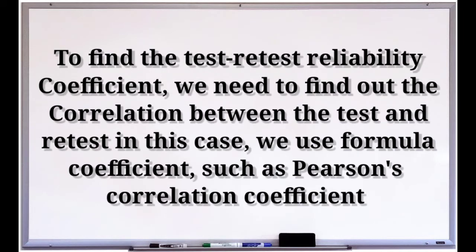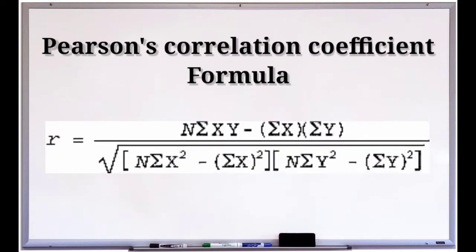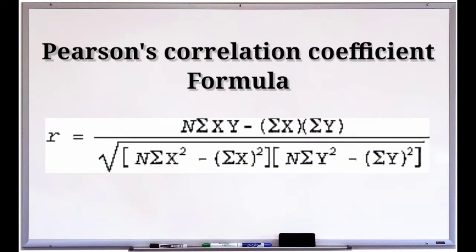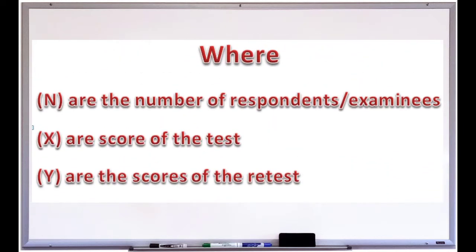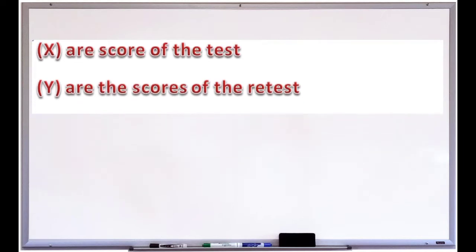To find out the test-retest reliability coefficient, we need to find the correlation between the test and retest. We use the Pearson r correlation coefficient formula, where N represents the number of respondents or examinees, X represents the scores of the test, and Y represents the scores of the retest.